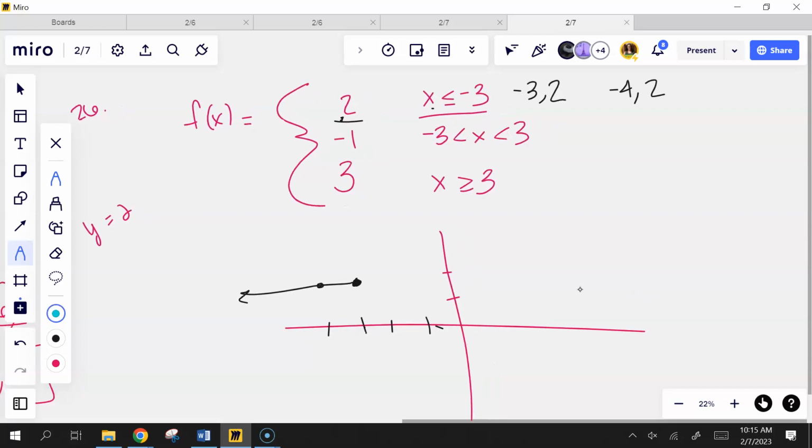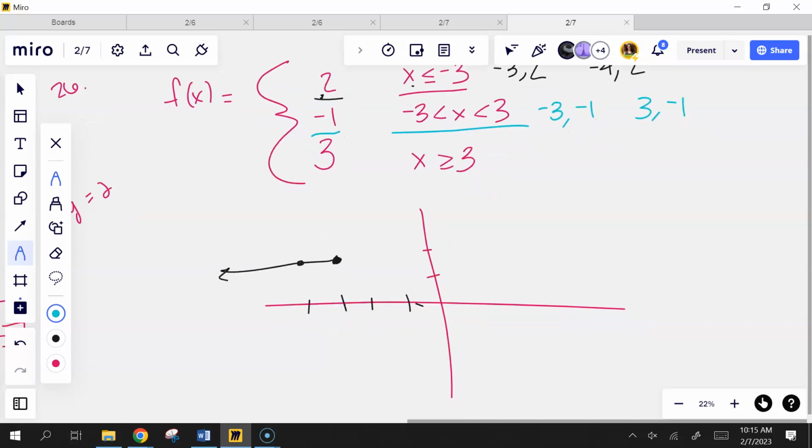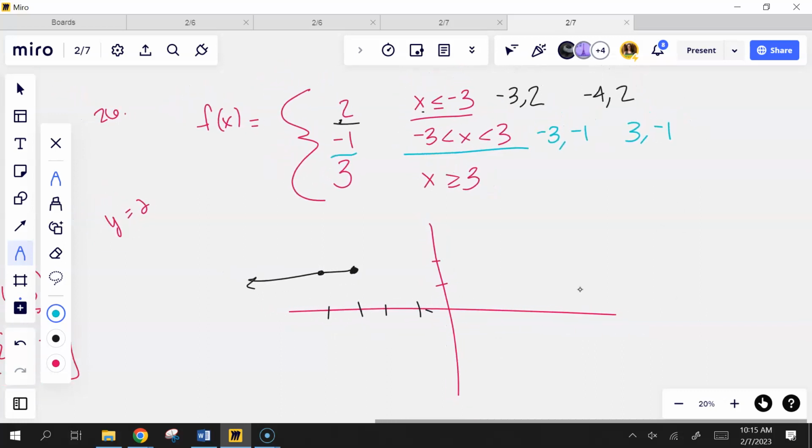Next piece of line is -1, but it says in between -3 and 3, right? So when x is -3, what is y? -1. And when x is 3, what is y? -1. It's always -1. This equation says y equals -1 no matter what value x is.